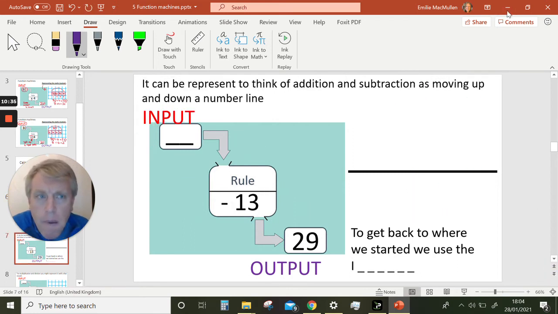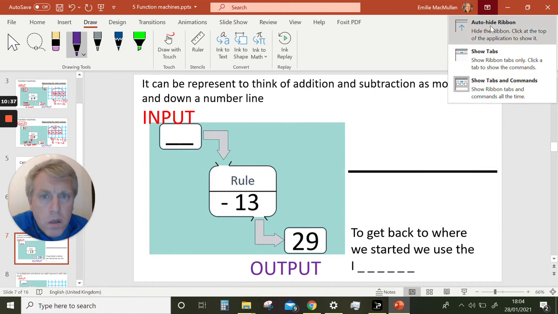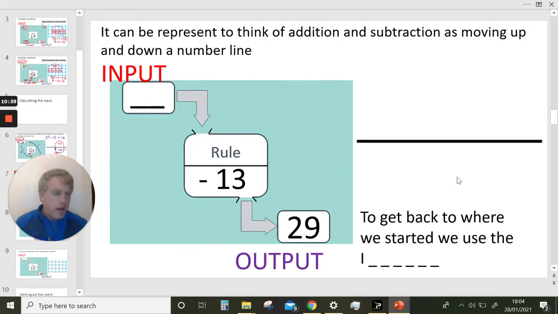Okay, right, let's have a look at the next one. I wonder what's happening here? Well, the input number, take away 13, gives us 29. I'll draw it. Are you going to try and represent it on the number line? Okay, let's do it. Well, I don't know what the input number is. Question mark.